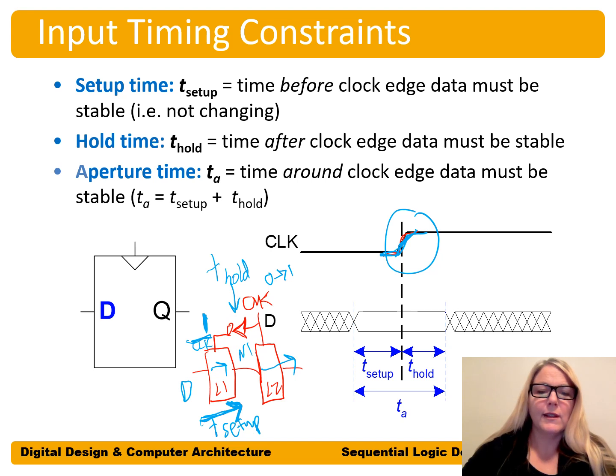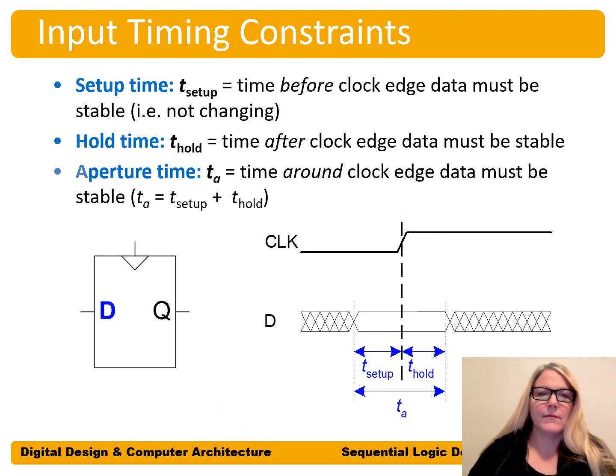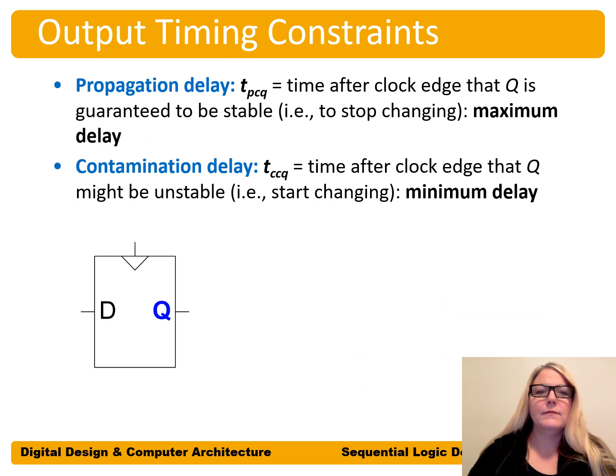And so we can see where these values come from by looking at the internals of the flip-flop. We have T hold, the time it takes to shut off L1, and T setup, the time for D to get into the internal node N1. Now we can look at the output timing constraints.